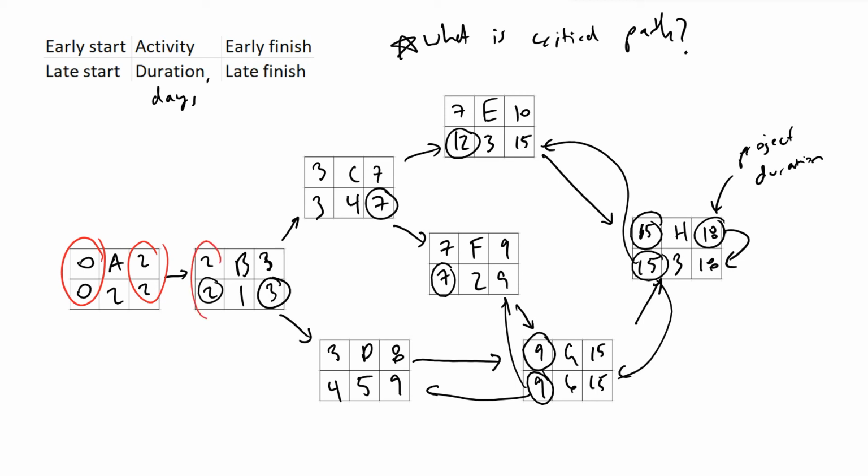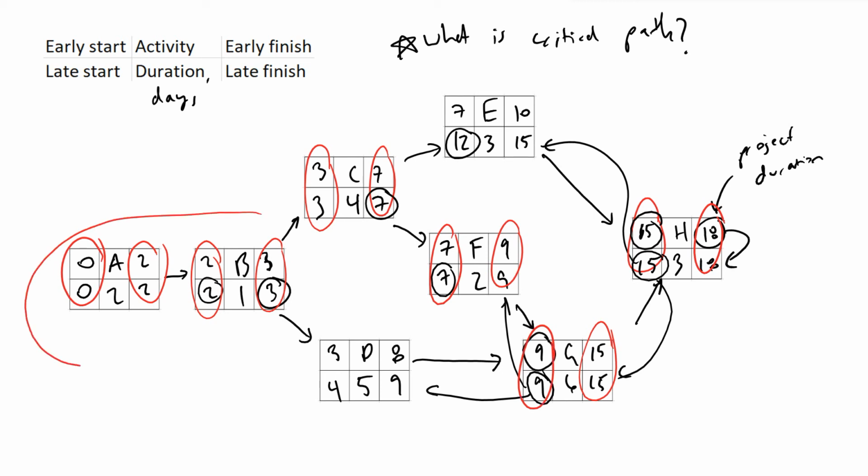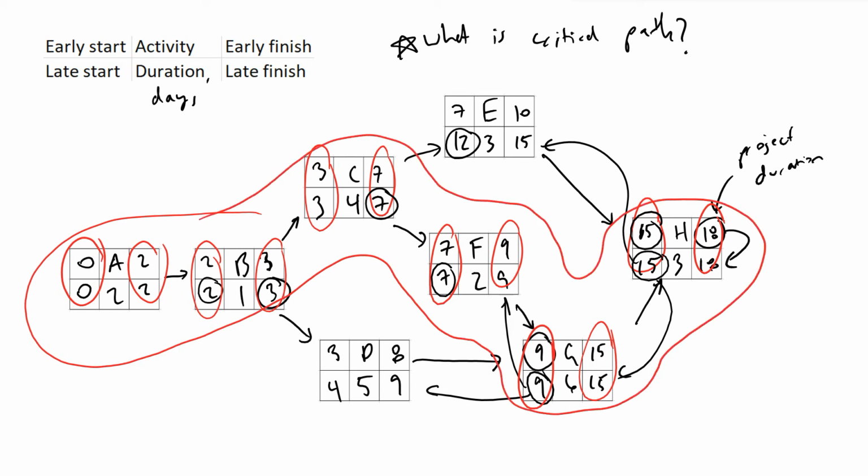So we're seeing this here in activities A, B, C, F, G, and H. And therefore, what this tells me is that our critical path in this scenario is going to be the following. So I'm just going to draw around this, trying to keep it clean. Our critical path is going to be A, B, C, F, G, H.